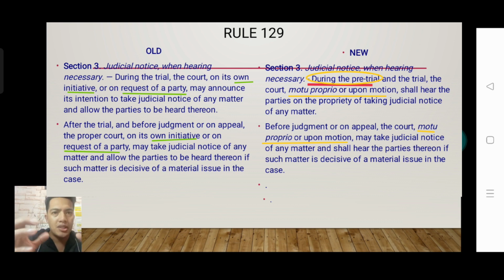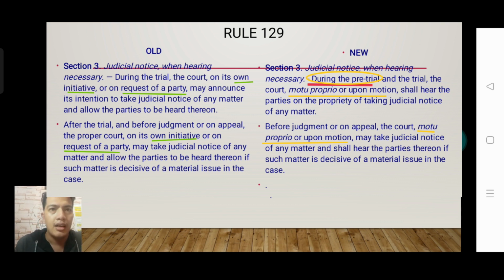The most important thing under paragraph 2 is that such taking of judicial notice must be on a matter which is decisive of a material issue in the case. Unlike the first paragraph, where the court can take judicial notice of any matter, the second paragraph covers only matters decisive of a material issue in the case.